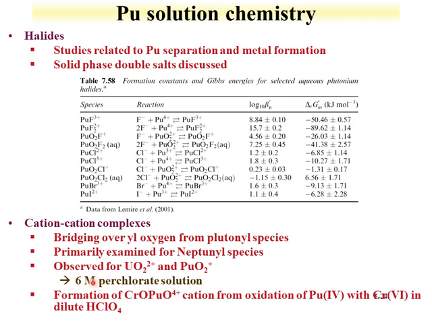The reason you want the 6 molar perchloric solution is that the perchlorates are not coordinating. So this is a relatively weak complex, but if we have a solution where the ligand is weaker, we can form the compound where the plutonyl oxygen coordinates to the metal center on the uranyl.